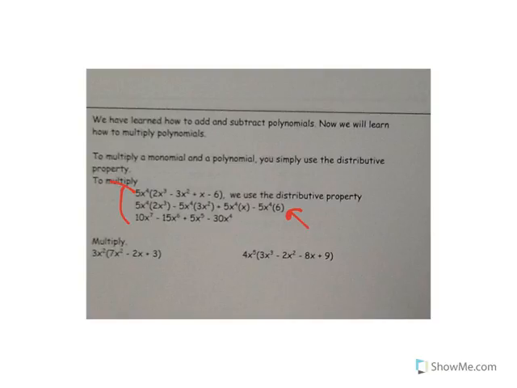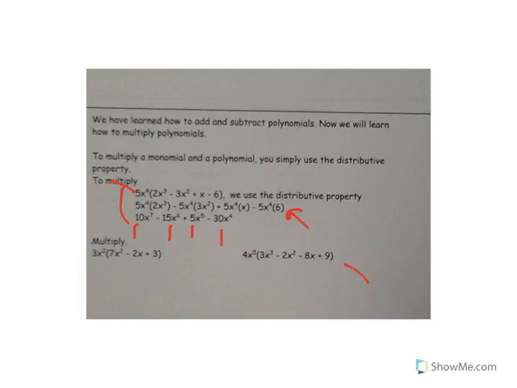When you multiply that all out, 5x to the fourth times 2x to the third is going to be 10x to the seventh. 5x to the fourth times 3x to the second is going to be 15x to the sixth, but there's a subtraction sign there, so make sure to keep track of that. 5x to the fourth times x is going to be 5x to the fifth, and then 5x to the fourth times 6 is going to be 30x to the fourth, and again that's a subtraction sign.